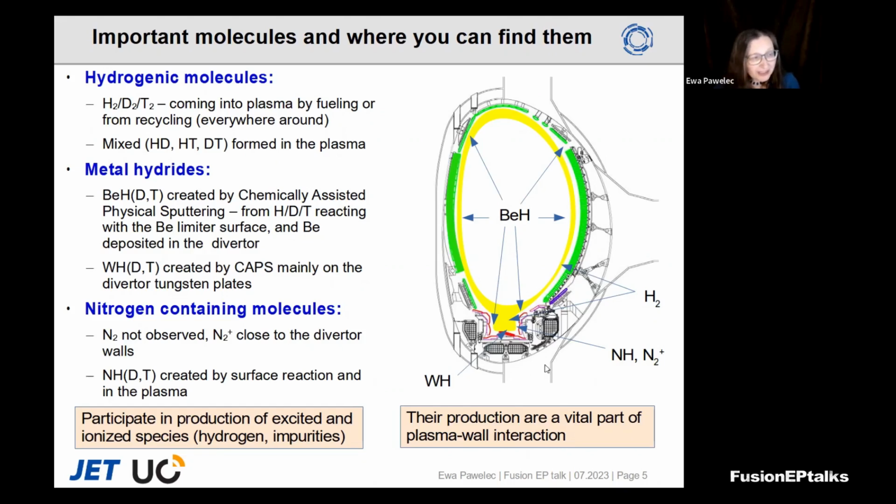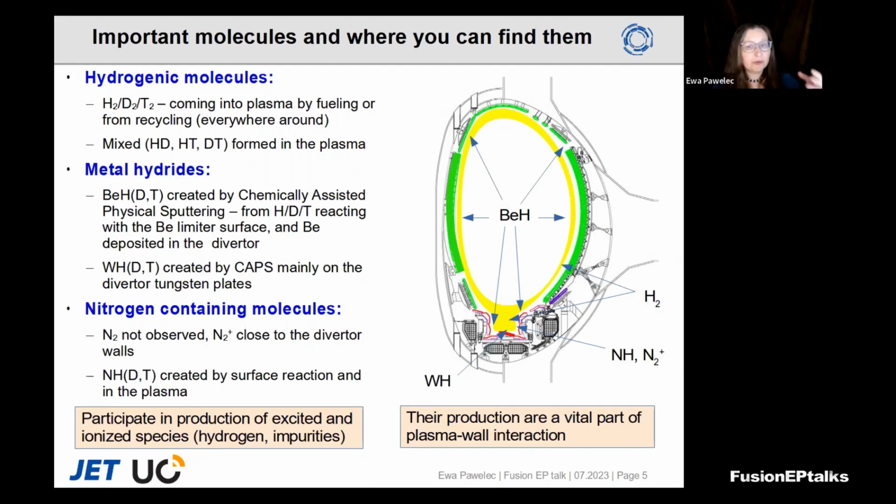molecules? In JET, we have a tungsten coverage on the divertor. We have beryllium on most of the other walls, and we have the hydrogenic plasma inside. So what we get is mostly everywhere around we have hydrogenic molecules, because they are put in by seeding, by fueling, and also they recycle.